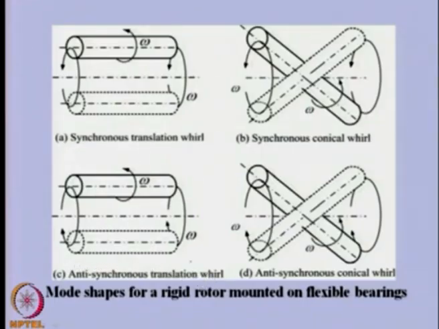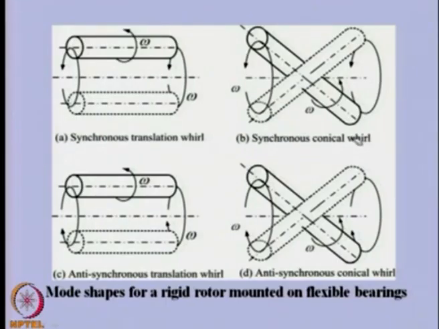Similarly, in the conical whirl, the shaft, let us say, is rotating in the counterclockwise direction, and the ends have a conical elliptical path with the same counterclockwise rotation. So, this is synchronous conical whirl motion.